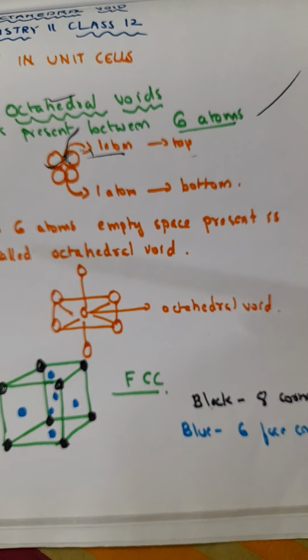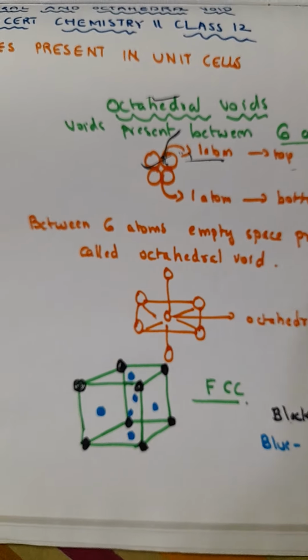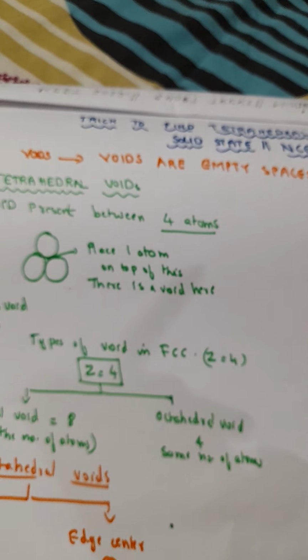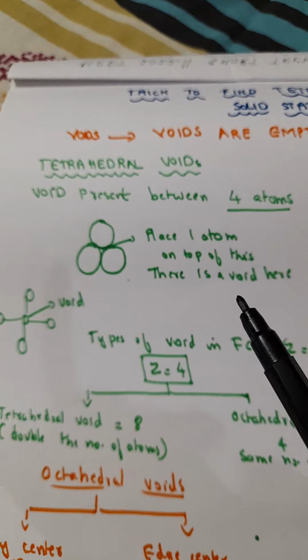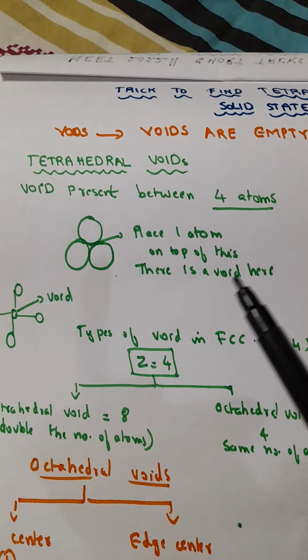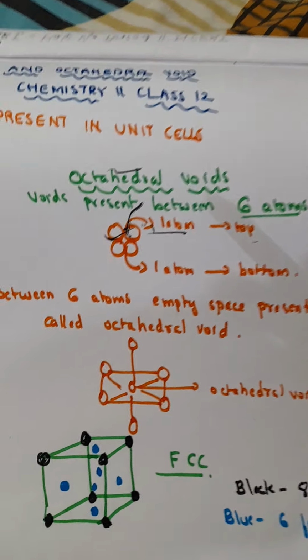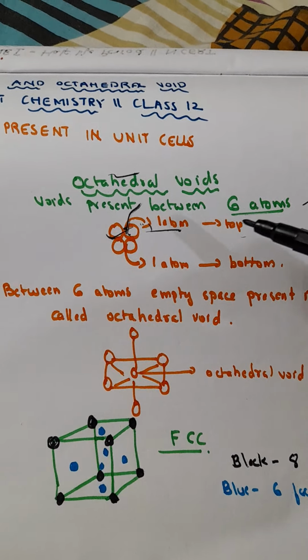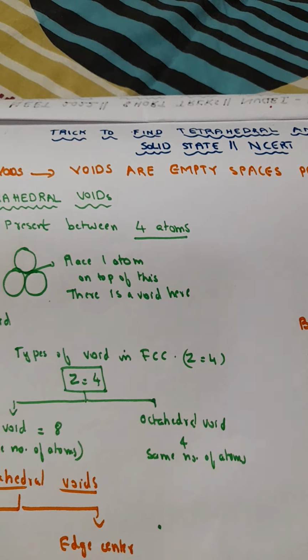So, now today what all did we learn? We learned firstly what are voids, then we went on to see what is meant by tetrahedral voids and understood the picture clearly here. Then we learned about the octahedral voids. Then how many atoms are there? 6 in number for octahedral voids, 4 atoms are there for tetrahedral voids.